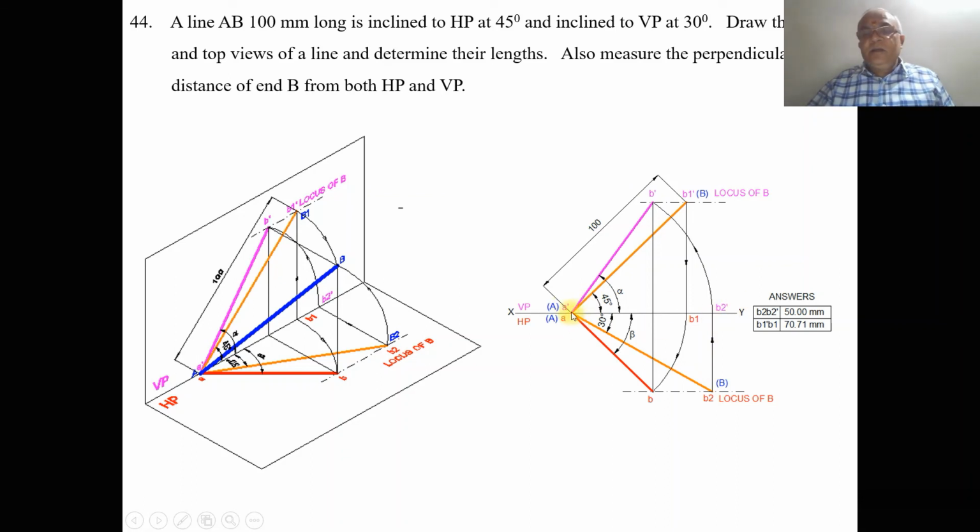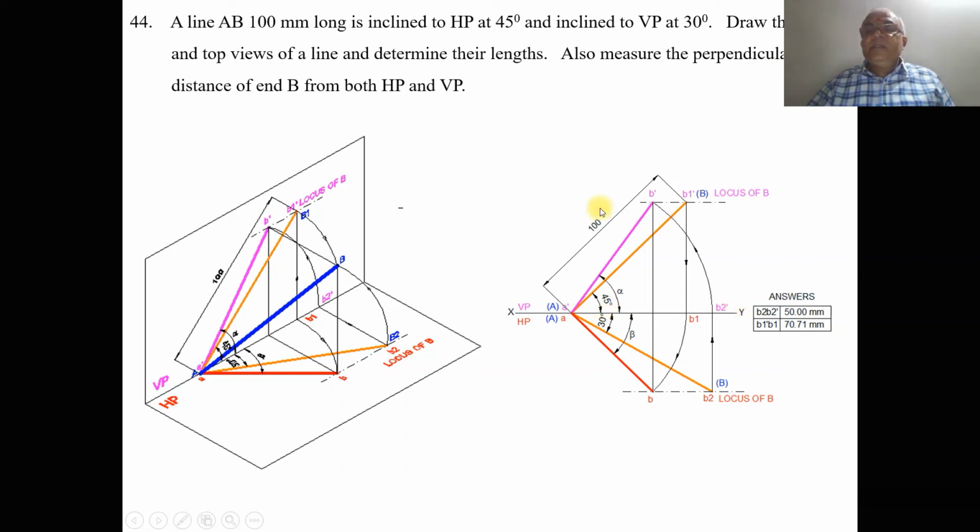To have the top view true length, the front view of AB2 should be parallel to XY. What is the front view of AB2? The top view is AB2, and the front view is A dash B2 dash. A dash is on the XY line, therefore you project this point from B2 to the XY line and mark this point as B2 dash.